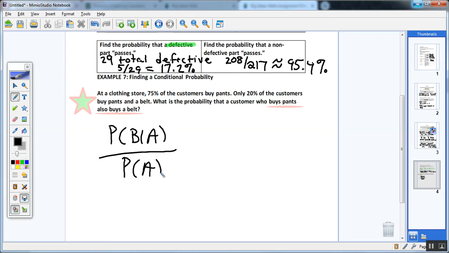So it's very simple right here. So the probability of B, getting a belt given they already had pants, was what percent, kids? 20%, right? And then down here, what was the probability of A happening? Buying just pants. 26.6%. So 26.6% of people did what? They got both.